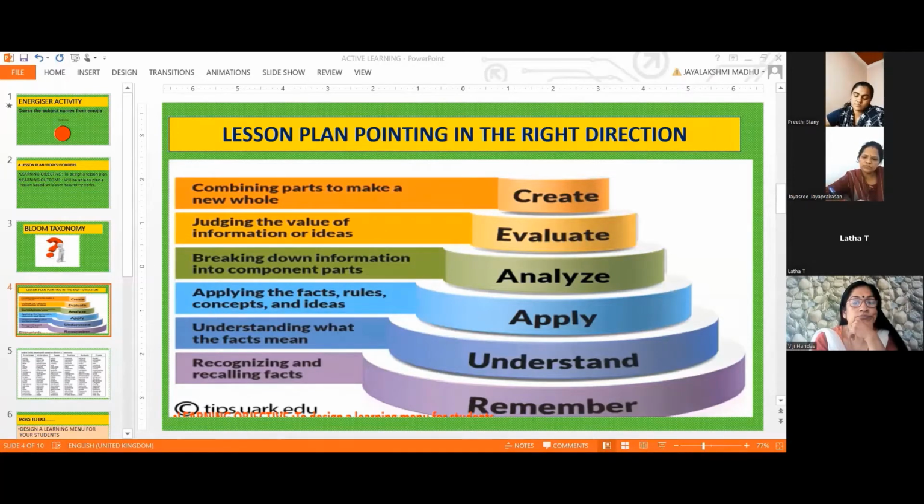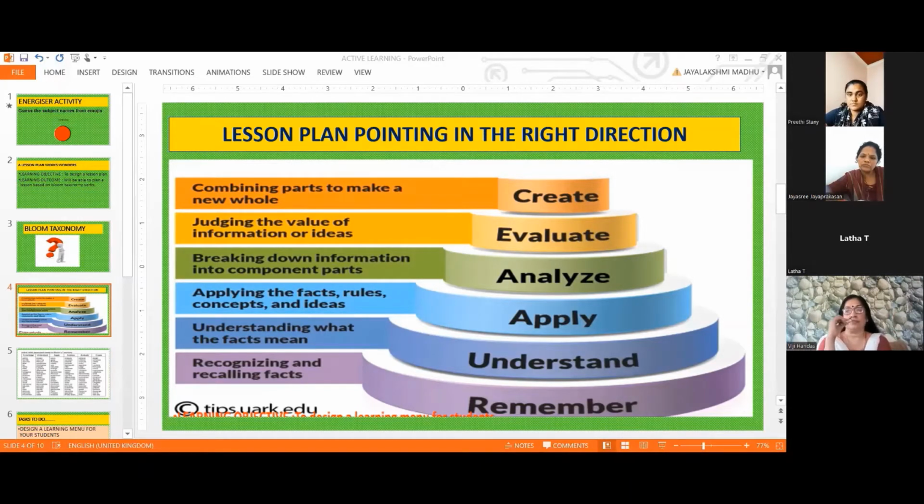The first 3 levels are the lower order skills, and the next 3, levels 4, 5, and 6, are the higher order thinking skills. In order to frame an objective of a lesson using Bloom's taxonomy, you have to use the verbs which come under the higher order.